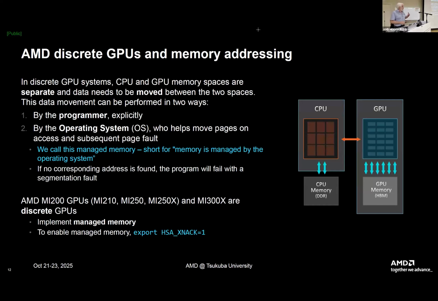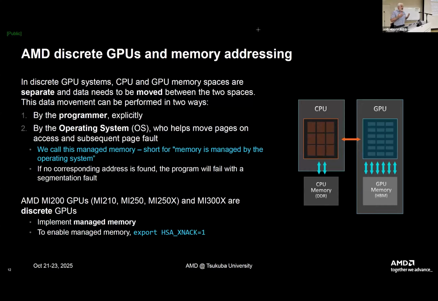So on these discrete GPUs, we have something called managed memory. Managed memory can be a little misleading. It means the system is managing the memory for you, instead of explicit memory management where we move the memory.